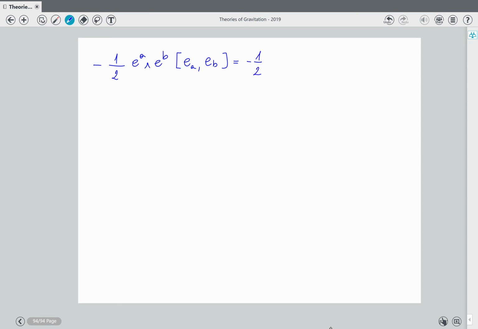So Ea mu, Eb nu, dx mu, dx nu, and then you have the commutator, and you know how to compute the commutator.